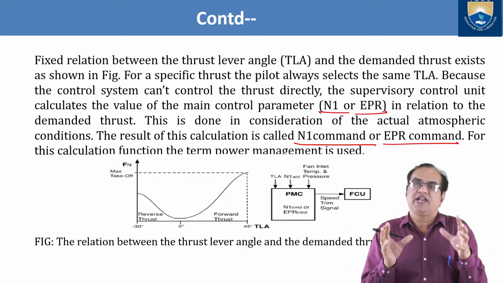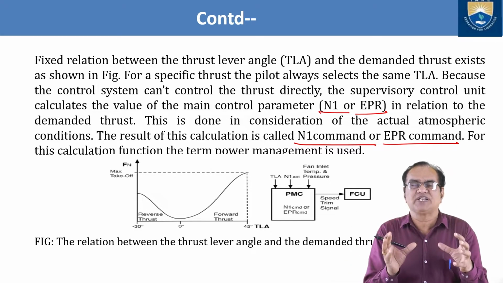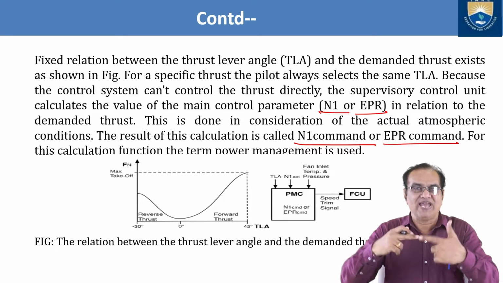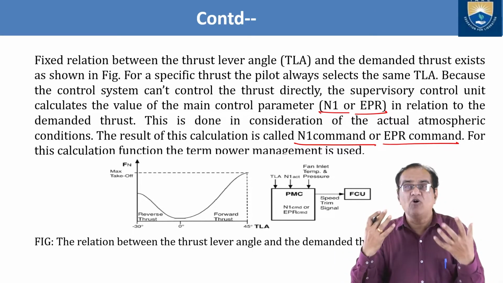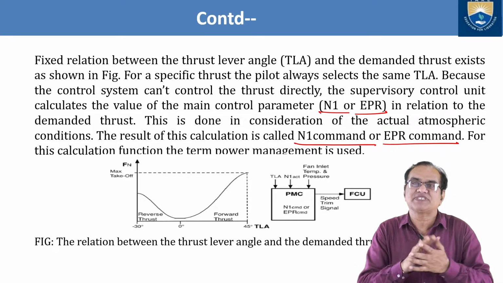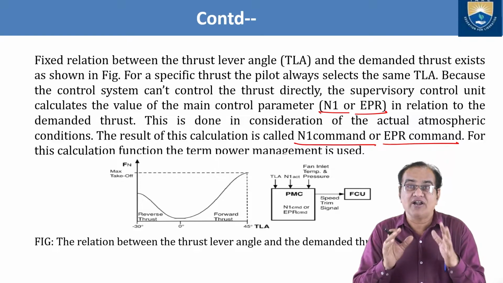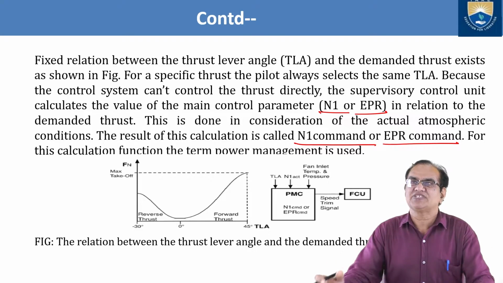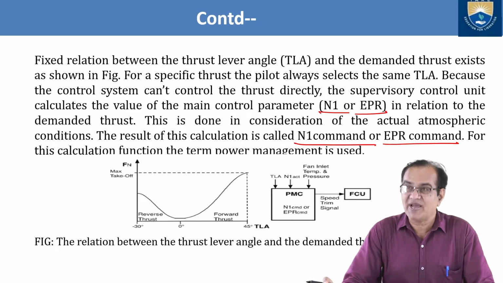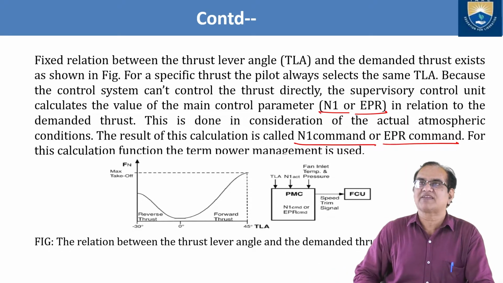With this much demand, how much N1, the speed of your fan, is required, and how much engine pressure ratio is required inside the engine, how much compression ratio you are getting. Accordingly, this is done in consideration of the actual atmospheric condition.